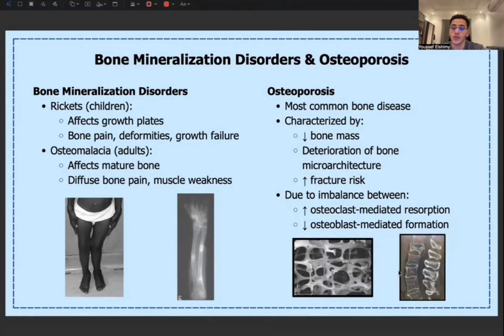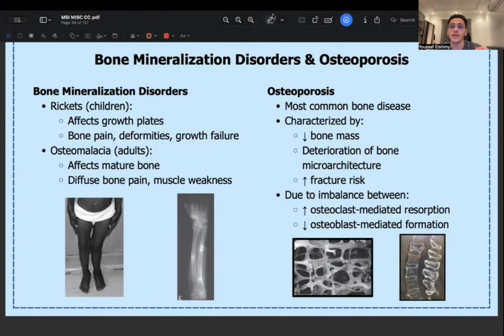So there's an increased fracture risk, as you can see here. And this is due to an imbalance between the osteoclasts and the osteoblasts. So osteoclasts mediate resorption, there's an increased osteoclast mediated resorption, and osteoblasts mediate formation, so there's decreased osteoblast mediated formation. And that's all about bone physiology.